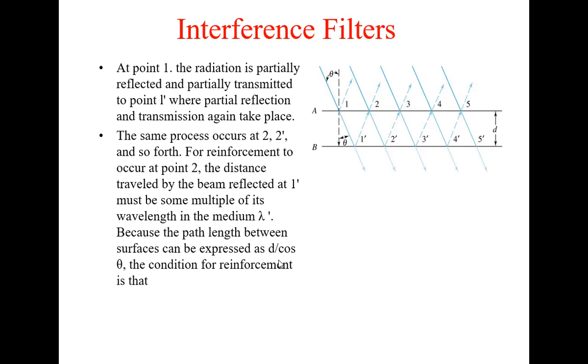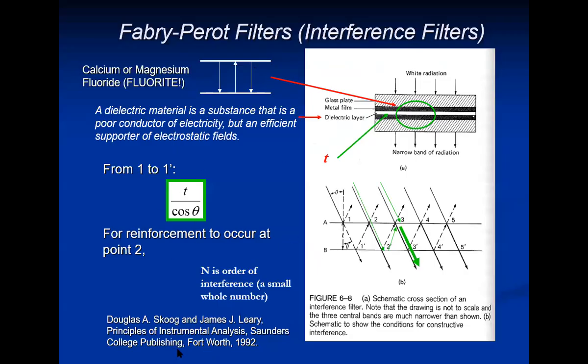So you're saying there, n lambda prime is equal to 2d cosine theta. So it's important to have that equation in mind. n lambda prime equals 2d cosine theta. And this is what is explained here, and you can see the reflections. So it tells you from 1 to 1, I've abbreviated it to t over cosine theta, where t will be 2d. See that?